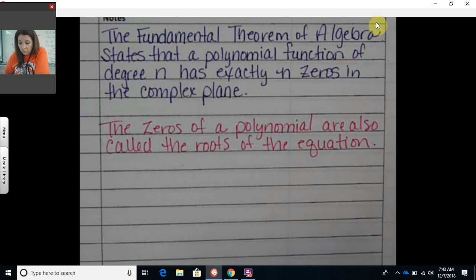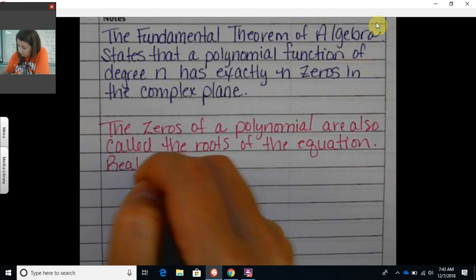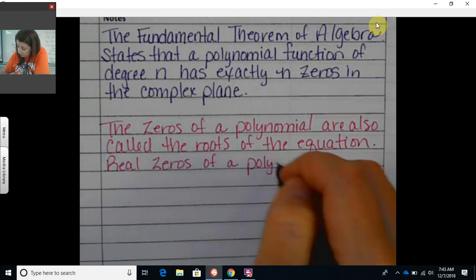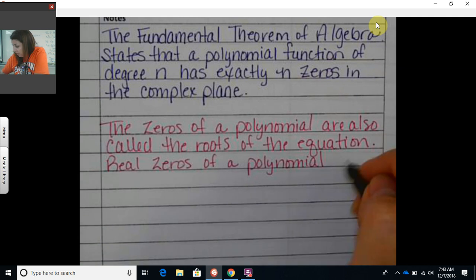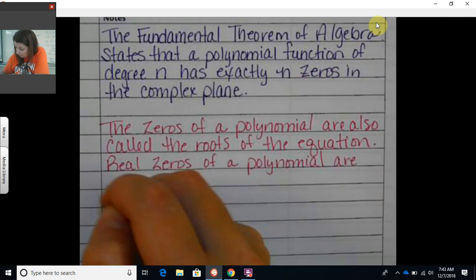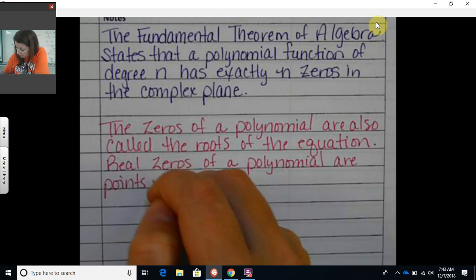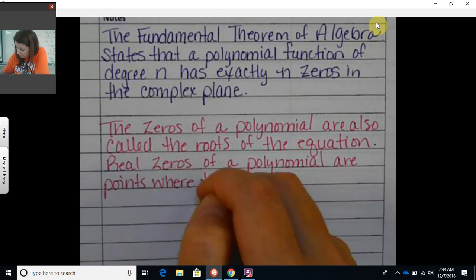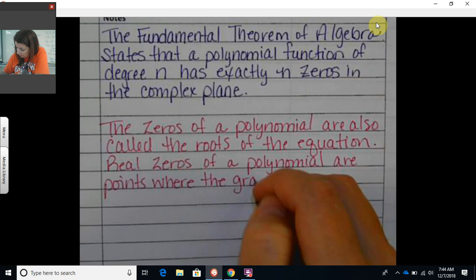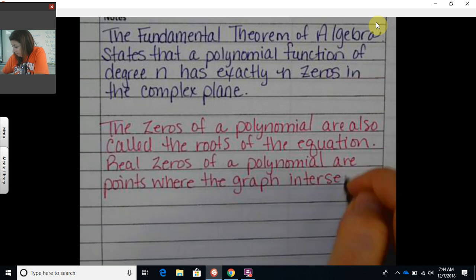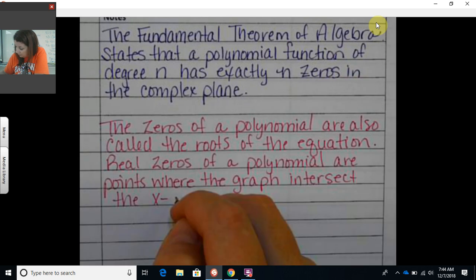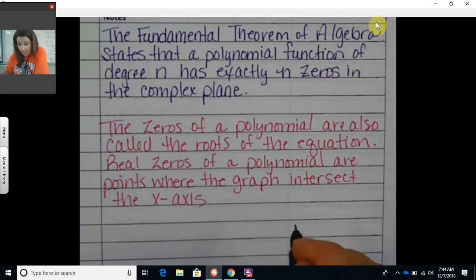Real zeros of a polynomial are points where the graph intersects the x-axis and y equals 0.